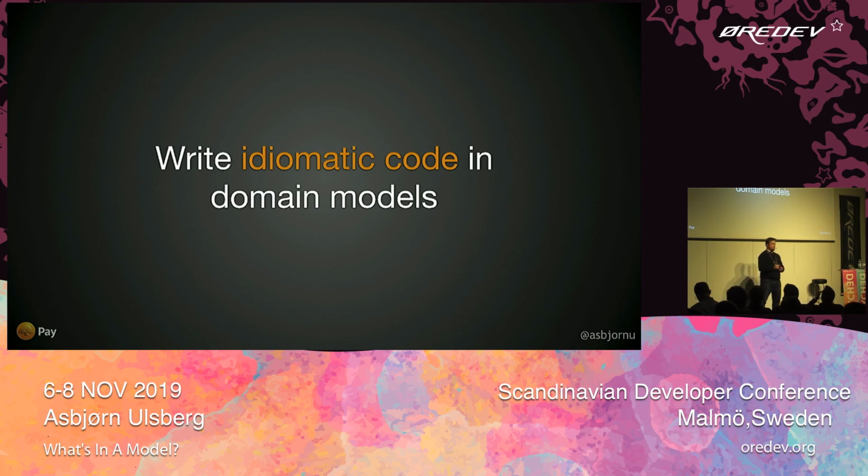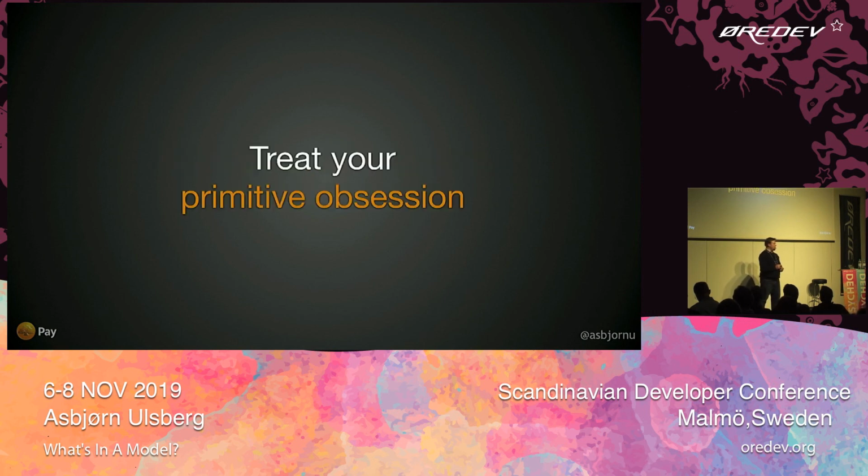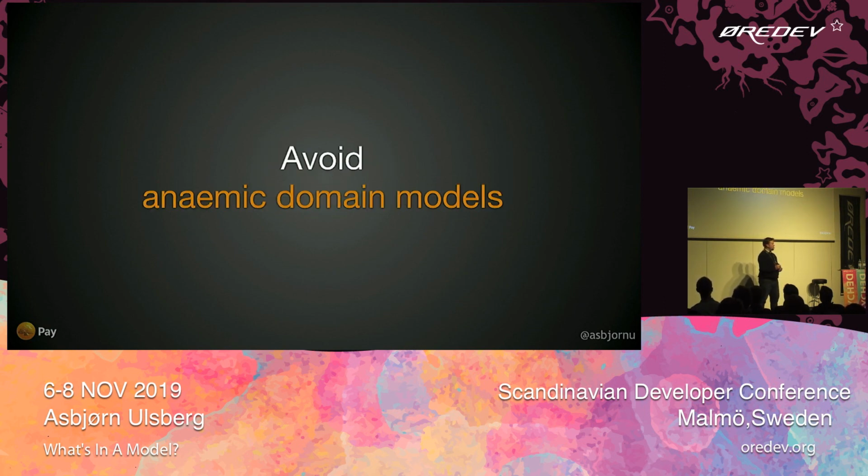Write idiomatic code in your domain model. Don't allow dependencies to dictate how you write code inside the core domain. Treat your primitive obsession. Create classes for all concepts that aren't fully captured by existing types. Avoid anemic domain models.